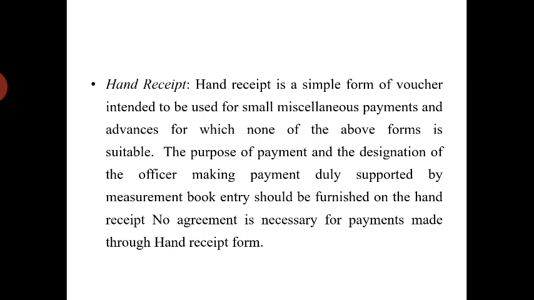But a carbon copy of the hand receipt should be maintained in the offices, because when you are doing the hand receipts, there are no such agreements. So the carbon copy will be, at least, the only final document. Of course, nowadays it may not be any problem, because whatever the partial payment, or partial lump sum payment, it can be made through direct account transfer.